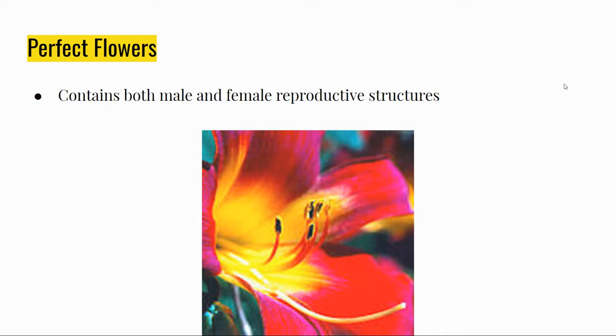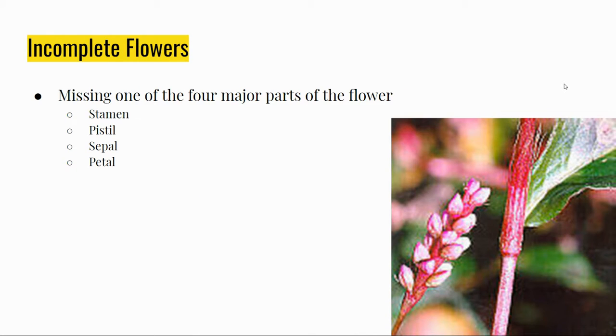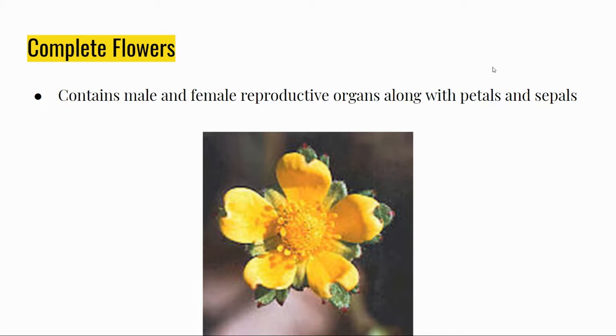Perfect flowers are going to contain both male and female reproductive structures in the same flower. Incomplete flowers are missing one of the four major parts of the flowers, and those parts are the stamen, pistil, sepal, or petals. Complete flowers contain male and female reproductive organs along with petals and sepals.